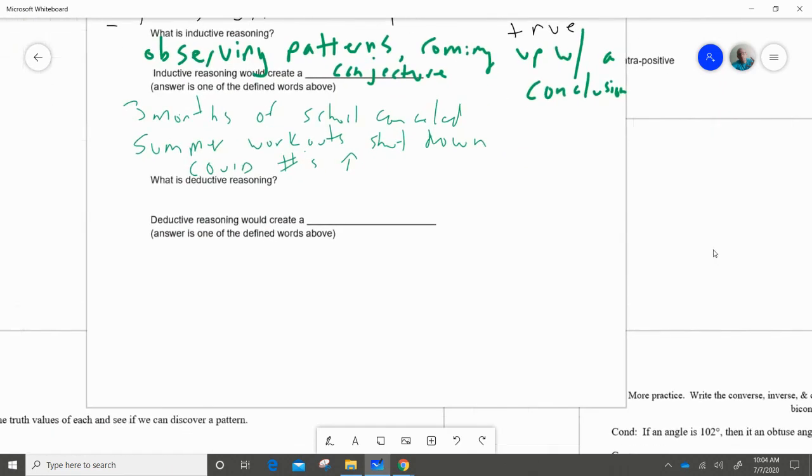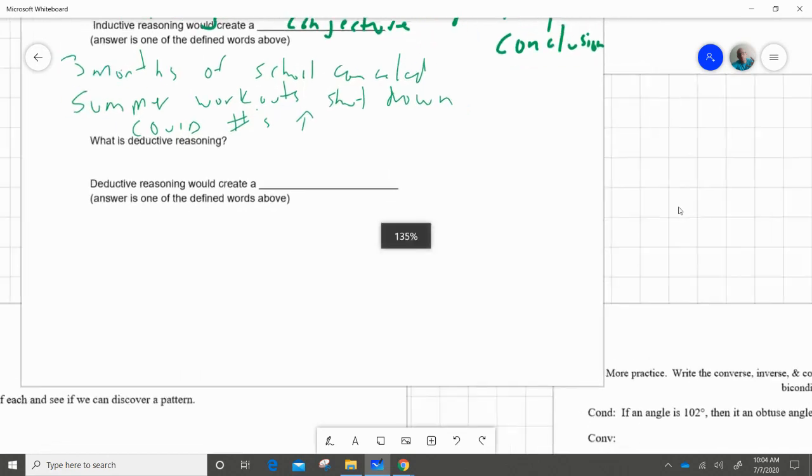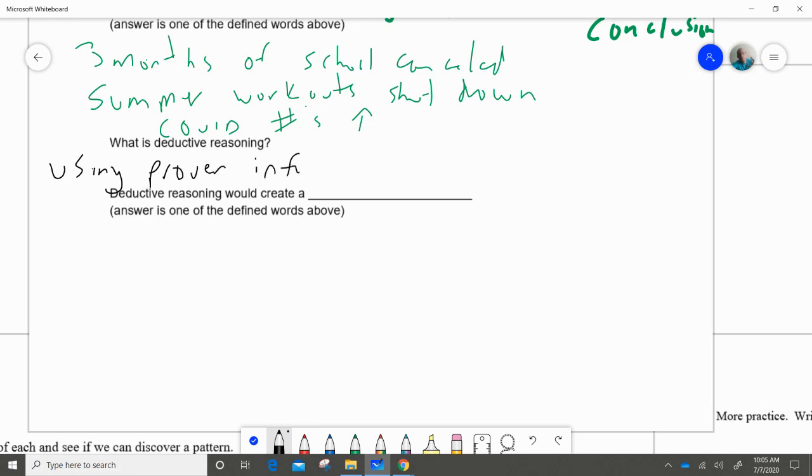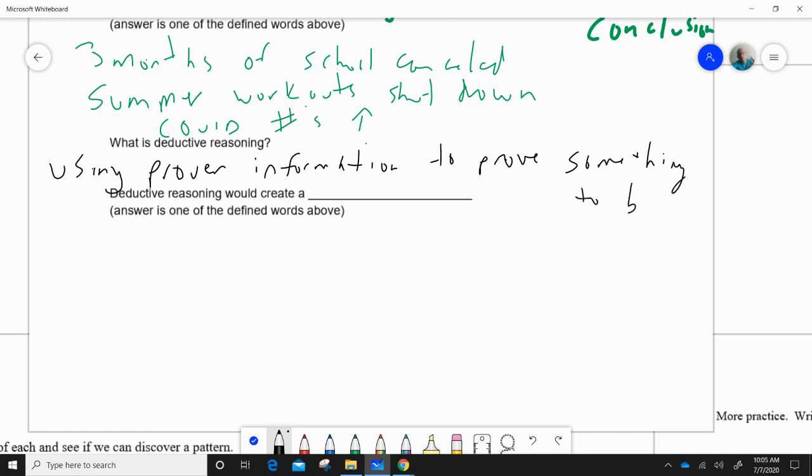Now we're going to come down here to deductive reasoning. All right. So deductive reasoning, I'm going to go back to black, is using proven information to prove something to be true.